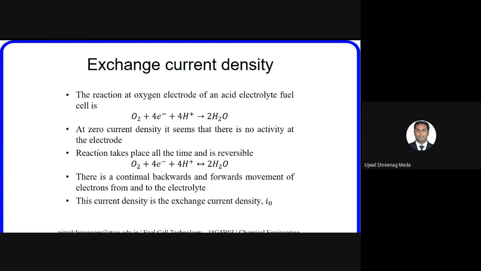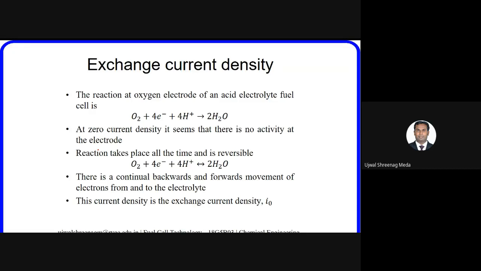The rate of forward reaction is the same as the rate of backward reaction. Because of that, the net effect is not visible. So there is a continual backward and forward movement of electrons from and to the electrolyte, even when the current is not being drawn out of the fuel cell.